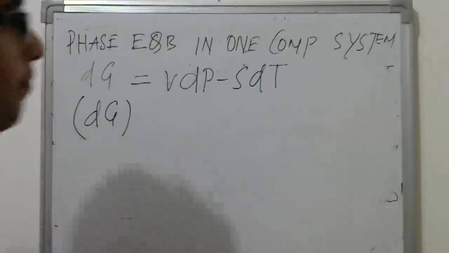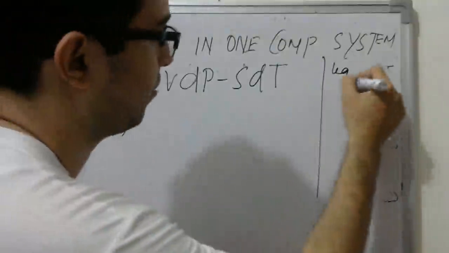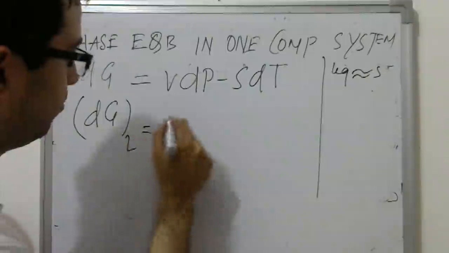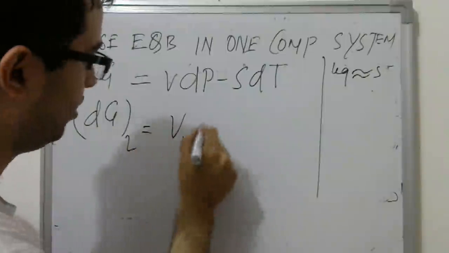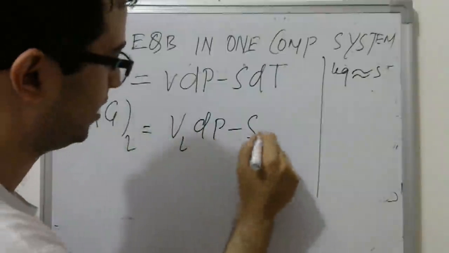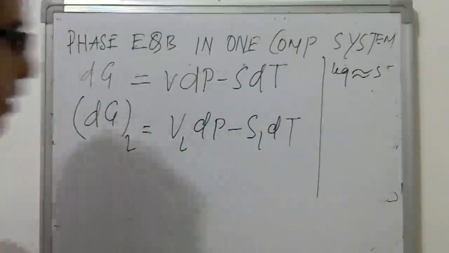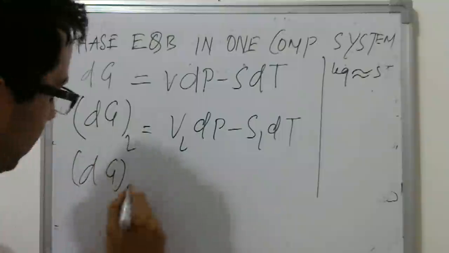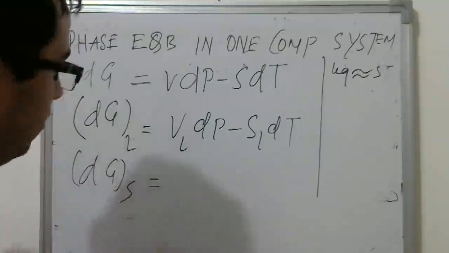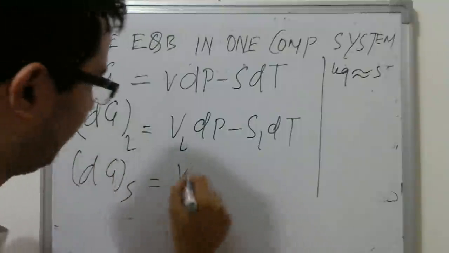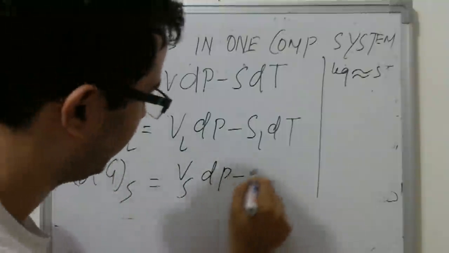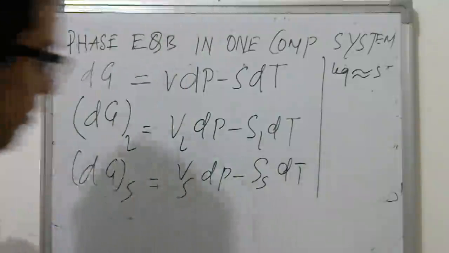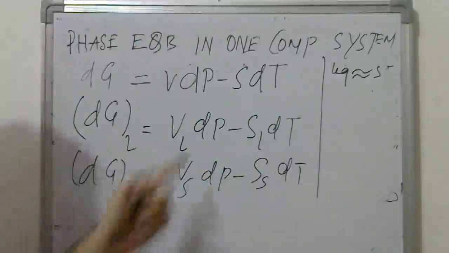For liquid, it will be V liquid dP minus S liquid dT, and for a solid, V solid dP minus S solid dT. So this will be the equilibrium.